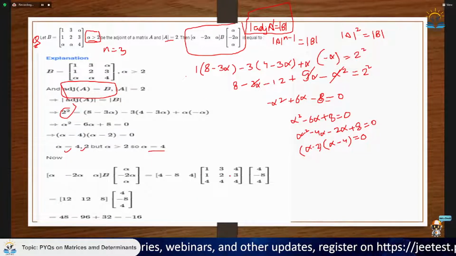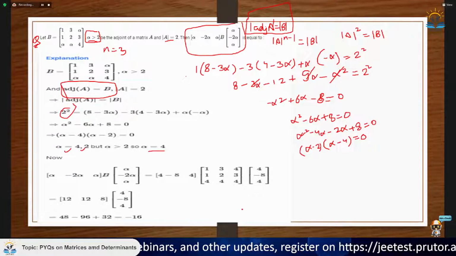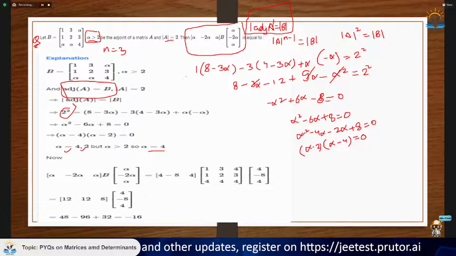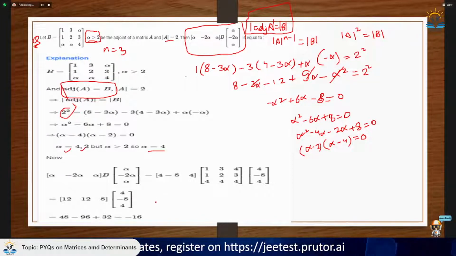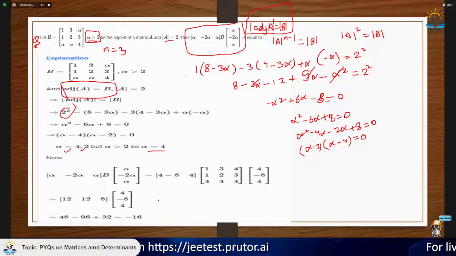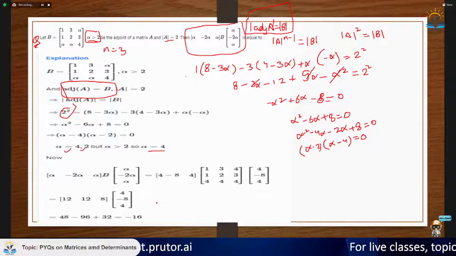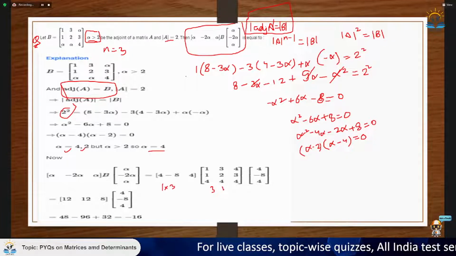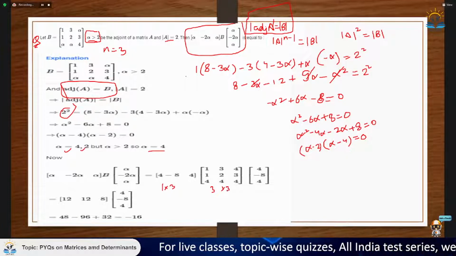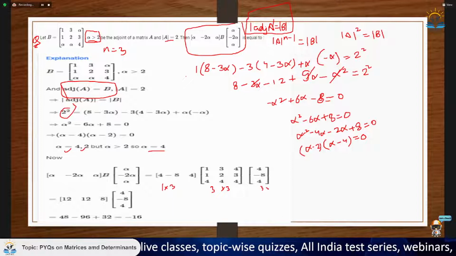Now you just need to multiply these three matrices, and after multiplying, you will get your final answer. Simple. So how to multiply it? You know that this is 1 cross 3, this is 3 cross 3, and this is 3 cross 1.